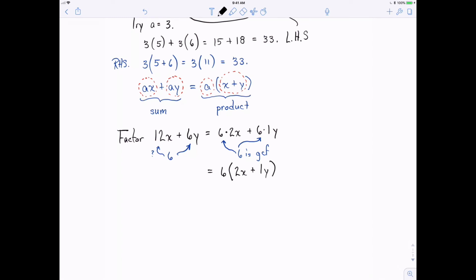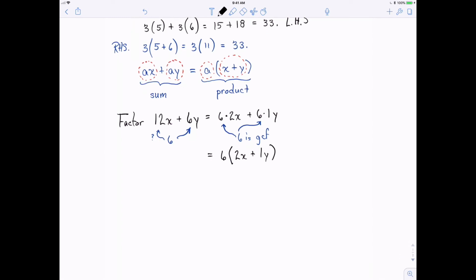Now, you may already know the answer to this, but I did it for a reason. And that is that 1y is usually written as y. And the reason is the 1 is implied.